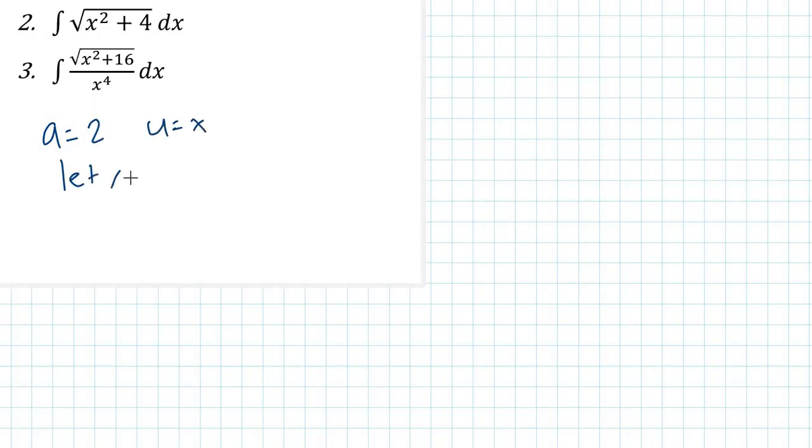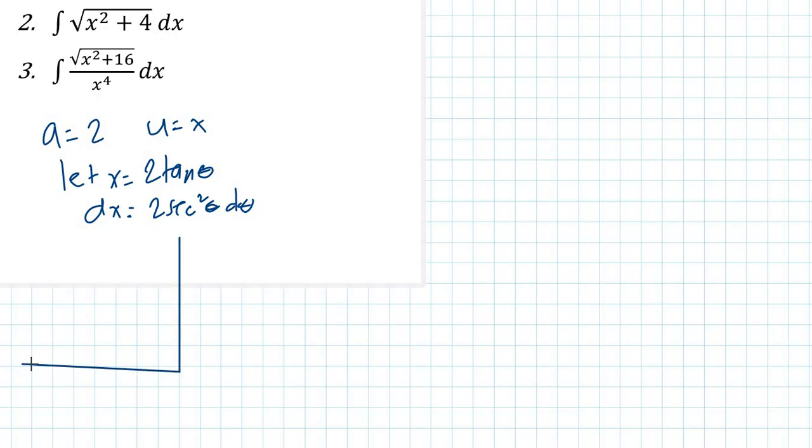So we're going to let x be equal to 2 tangent theta. Finding dx, that would then be 2 secant squared theta d theta. Then, in our right triangle, from there, we learn that x over 2 is the opposite over adjacent.